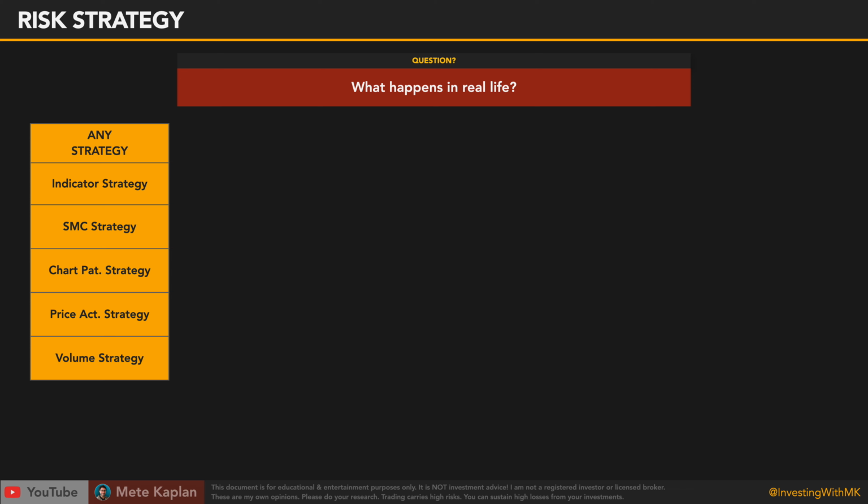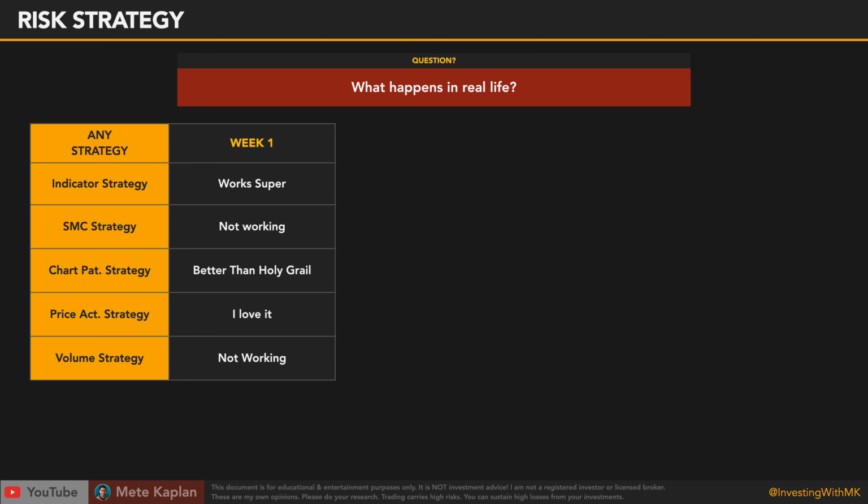But what happens in real life? As a person who used every single concept and trading method out there, I will tell you what really happens. In your first week, an indicator, it can be anything, works perfectly. SMC does not work. Maybe a wedge chart pattern works amazingly this week. Trend works great this week, but volume is not working at all.